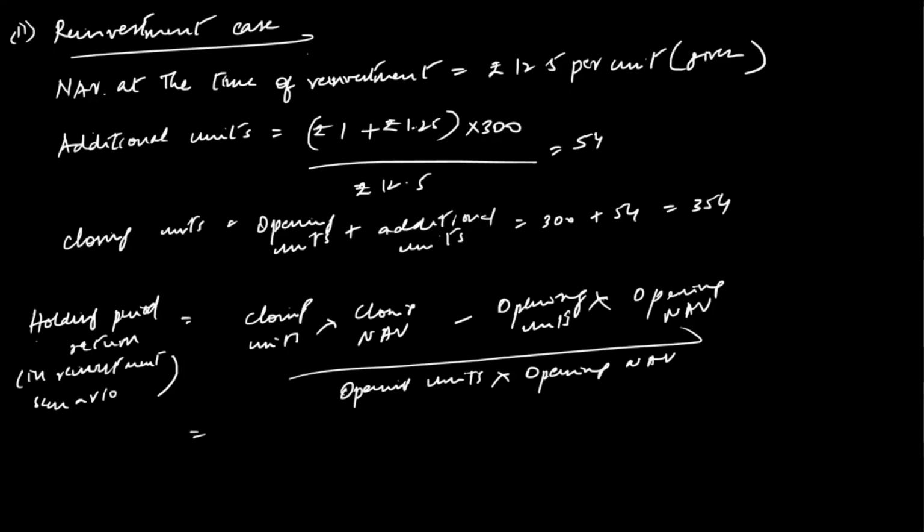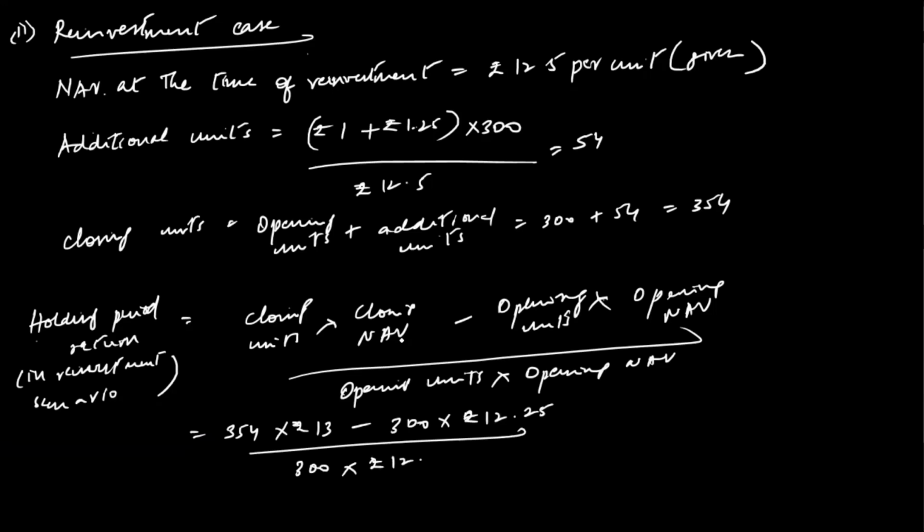When we plug in the values, we get 354 into rupees 13, minus 300 into rupees 12.25, by 300 into rupees 12.25.